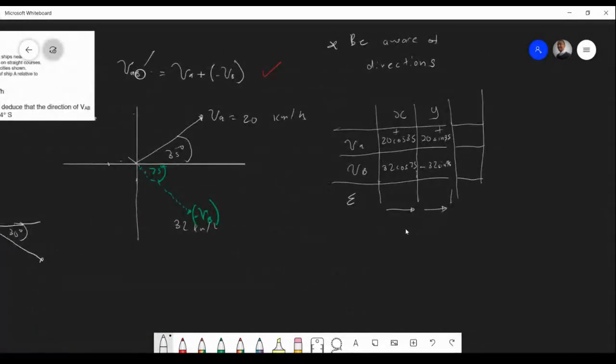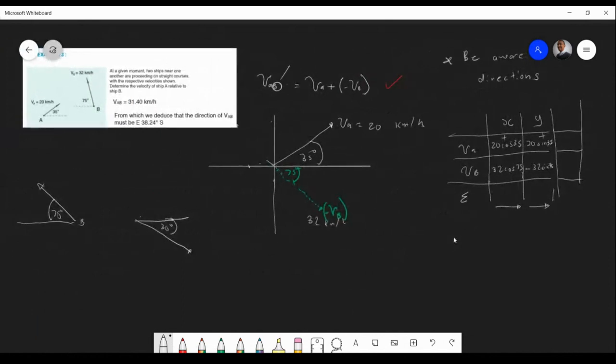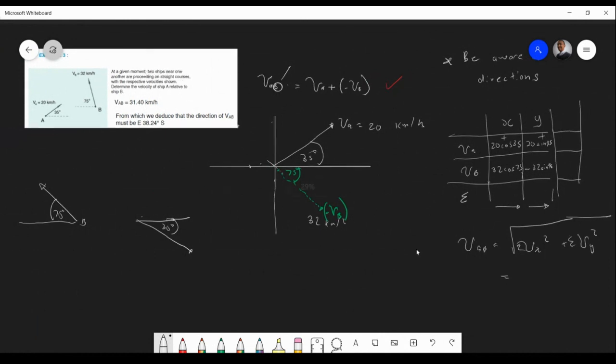If you're standing on A, the observer is on A now, not on the ground. So VA will simply be the square root of the sum of Vx squared plus the sum of Vy squared. That will be the magnitude, A relative to B.